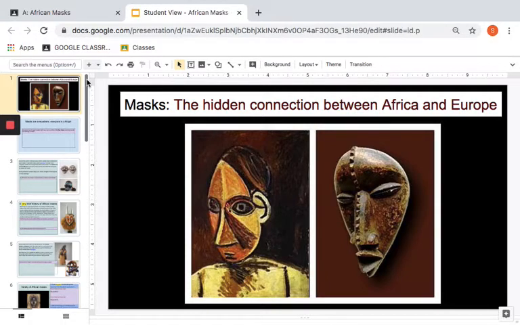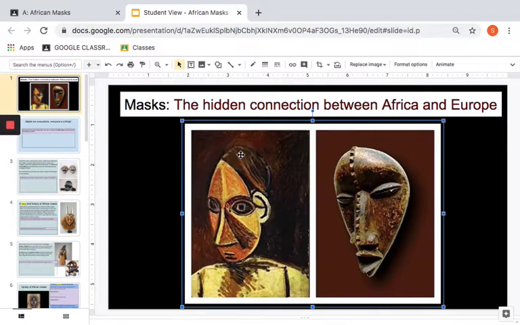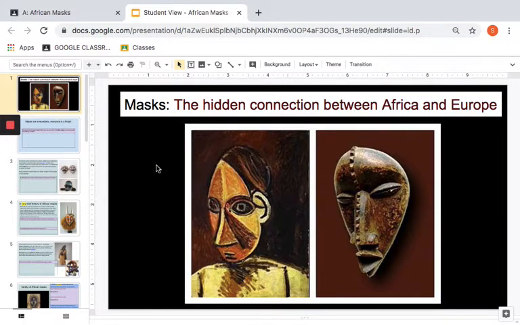So here we go. Our first slide is two pieces of art. We have a painting by somebody, and we have a mask made by somebody. And I want you just to observe the differences and similarities of this mask. Something that sticks out to me is the nose.